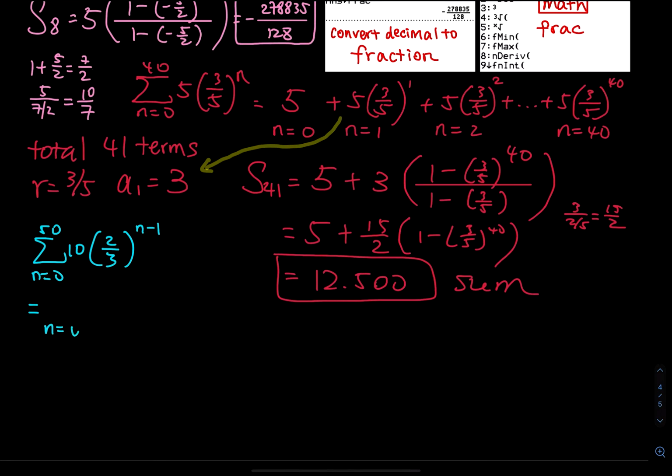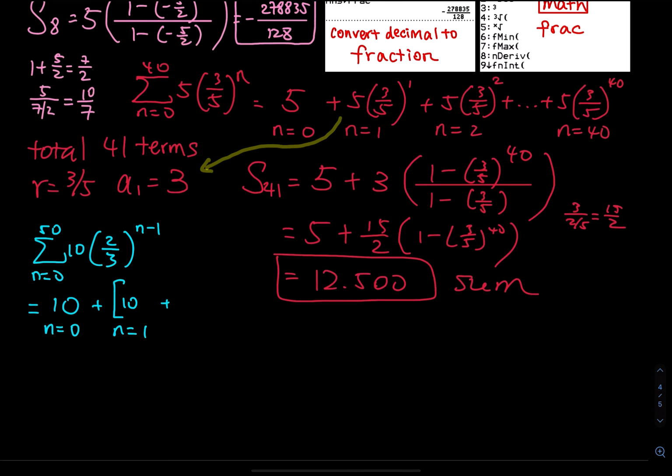When n is equals to 0, that is just a 10. And then plus n equals to 1, you have a 10 and then 2 over 3 to the 0 power, which is just equals to 10.